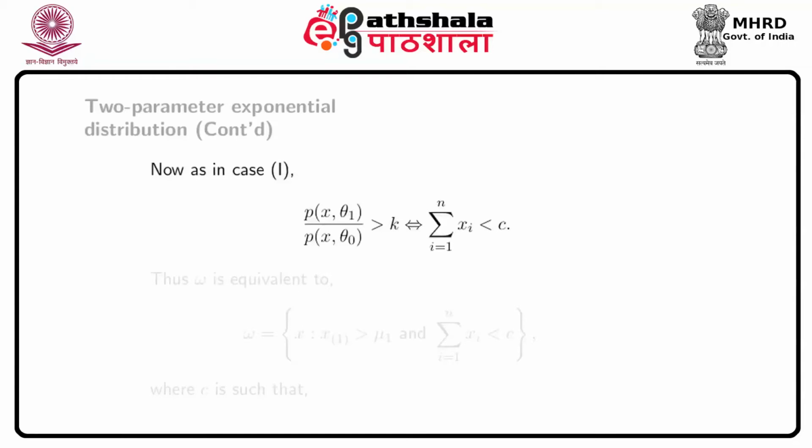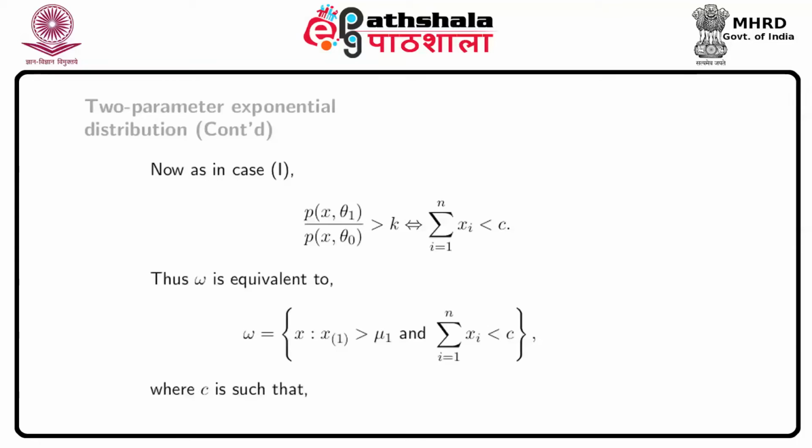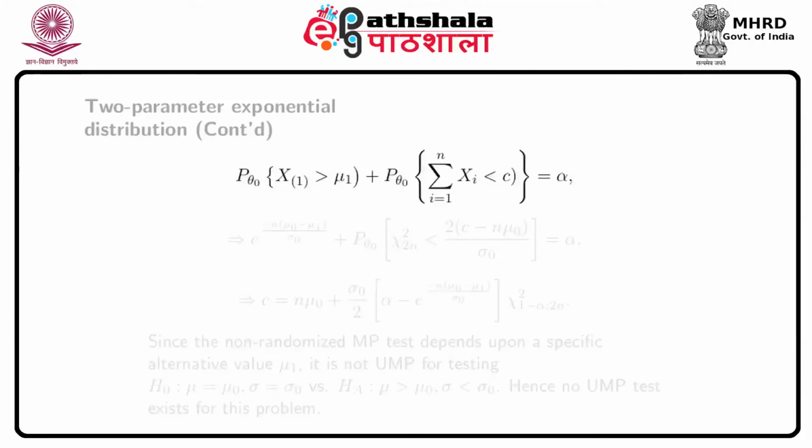Now, as in case 1, p_x(theta 1) by p_x(theta naught) greater than k is equivalent to summation xi is less than c. Thus, omega is equivalent to the set of those x for which x order statistics is greater than mu 1 and summation xi is less than c, where c is such that probability under theta naught of x order statistics greater than mu 1 plus probability under theta naught of summation xi less than c is equal to alpha.